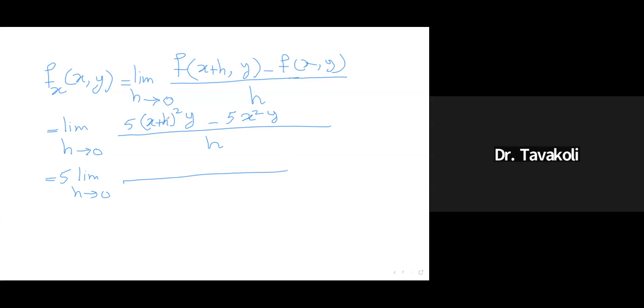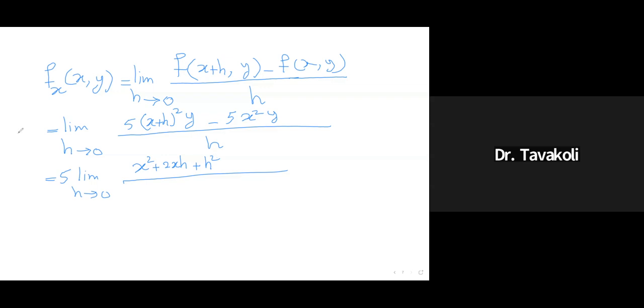X plus h squared is x squared plus 2xh plus h squared. It's multiplied by y.